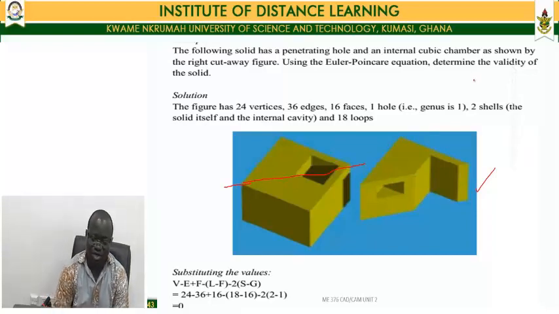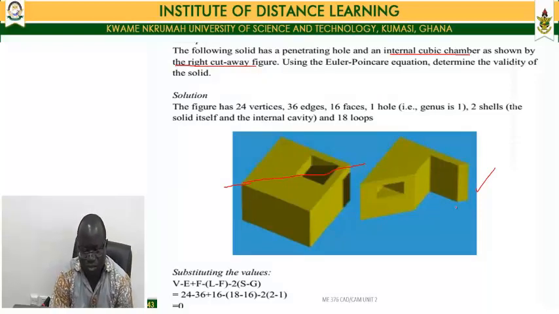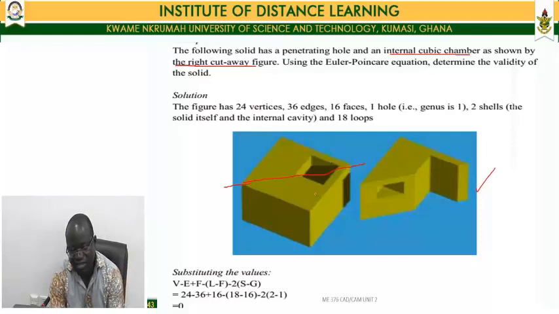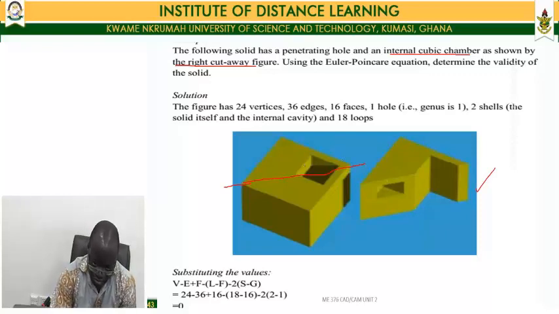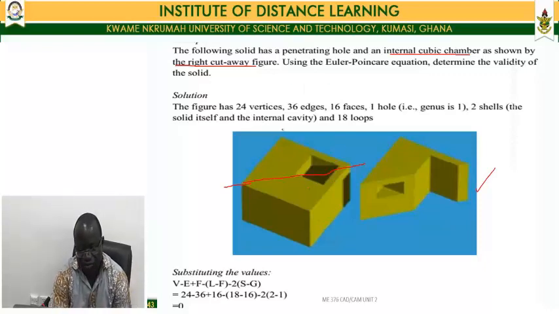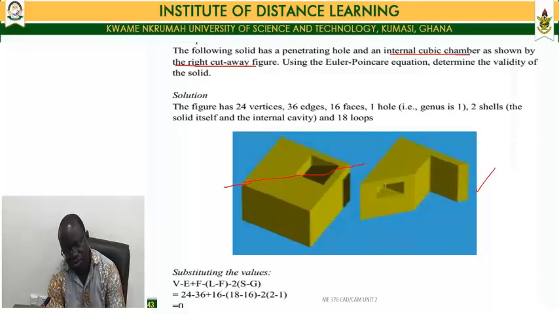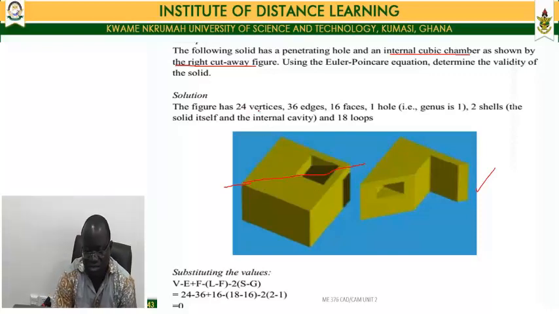Now, when we use the Euler-Poincare equation to determine the validity, we will notice that for this figure, for the number of vertices, you can basically look at this as having three cubes. The internal one, this cube here, and then the main block, which is a cube. So the number of vertices will be 8 by 3, and that is 24. Now, the number of edges, each of the cubes will contribute 12 edges, so 12 by 3 will have 36 edges.